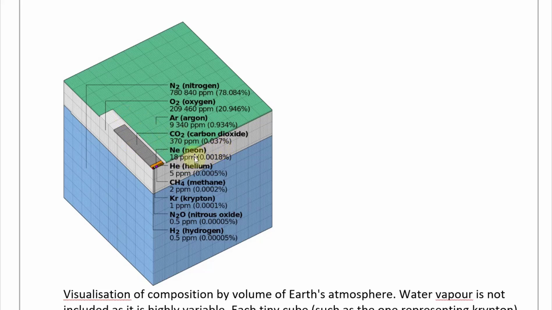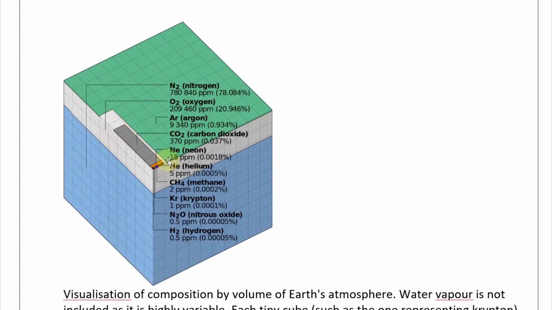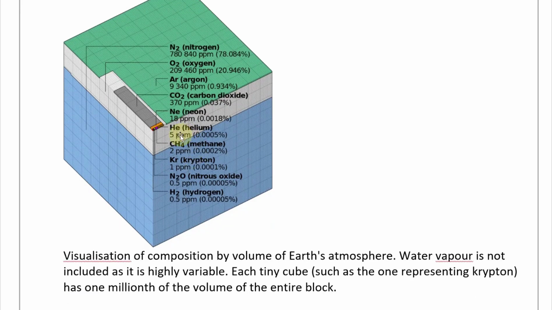And then you have neon, even smaller, at 0.0018%. And ppm is parts per million, so each block is 1/1,000,000th of the whole. Then helium is even tinier, 5 parts per million.